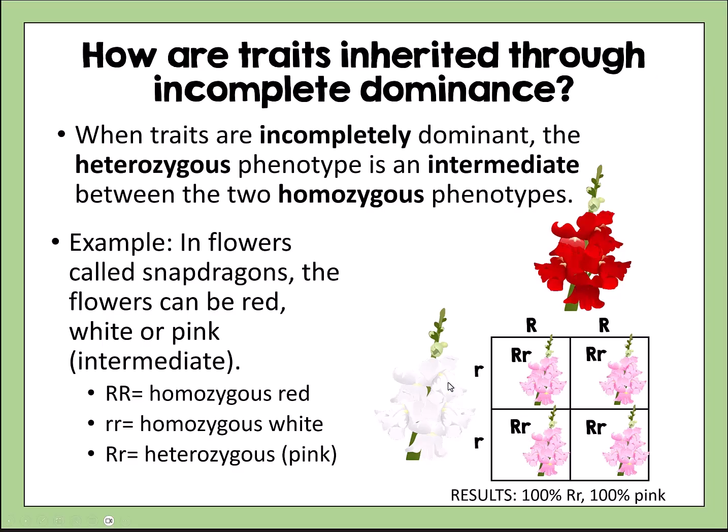So this is looking very similar to the blending theory that Mendel was trying to fight against, but some genes do actually work a little bit like this. So this is one of the more complicated types of inheritance.